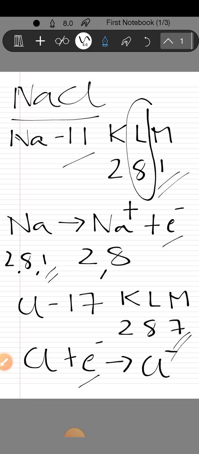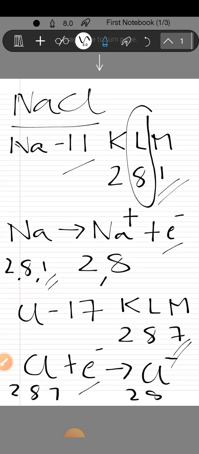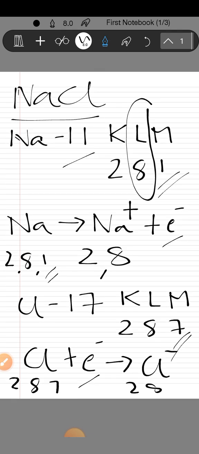So now if I have to write the electron distribution, it will be 2 comma 8 comma 7, and here 2, 8 and 8. So this is how the first part of writing Na plus and Cl minus happens.